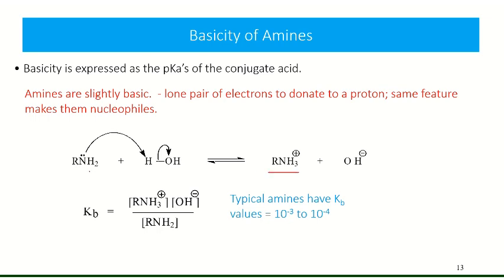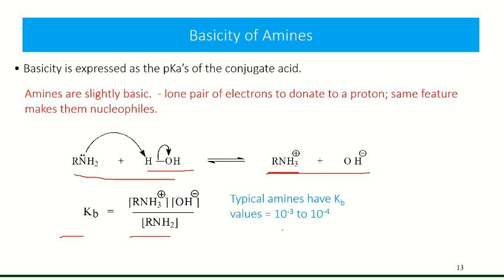So we have reactants and products, and so we have Kb. In this case, water is a constant. So Kb is, of course, the conjugate acid times the concentration of hydroxide over the original amine value.